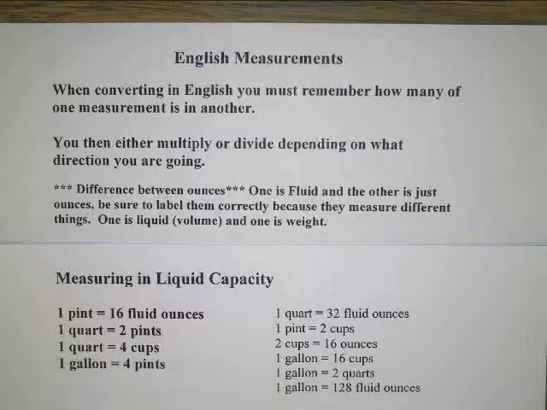Oh, no, that's right. 2 cups equals 16 ounces. That's part of why it's so confusing. 1 gallon equals 16 cups, 1 gallon equals 2 quarts, and 1 gallon equals 128 fluid ounces. Holy cow, that's a lot of information.